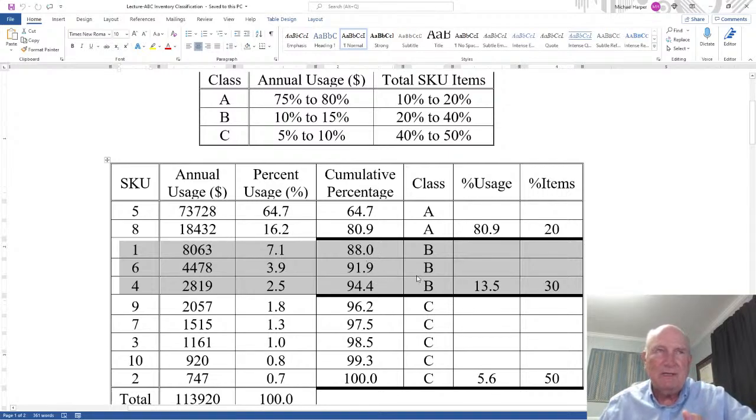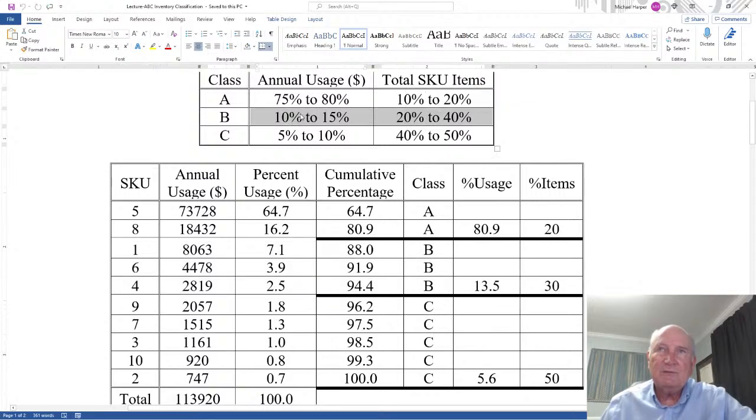So I selected B to introduce the ABC classification. So now I classify SKUs 1, 6, and 4 as my B items, because I take 94.4 minus 80.9, and those make up 13.5% of my usage. There are 3 items out of 10, so they're 30% of my items. So 30% made up 13.5% of my usage.